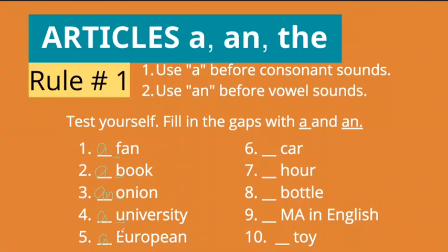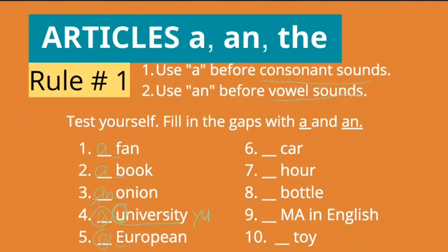has vowel letters. Okay, but why did we answer a instead of using an? So remember the rule is vowel sounds and consonant sounds. So in this word university, the sound of letter U, yes, it is a vowel, but the sound of letter U starts with Y, like university.